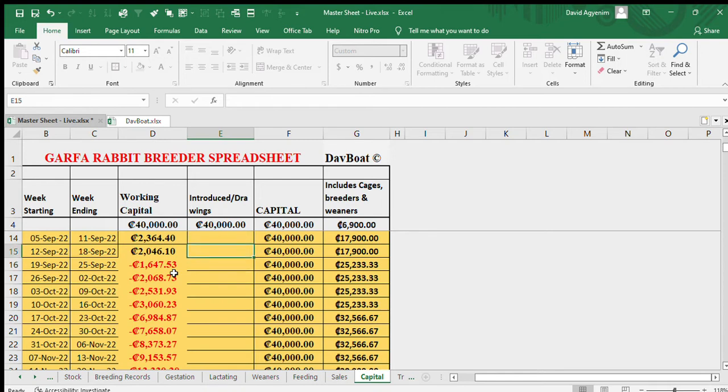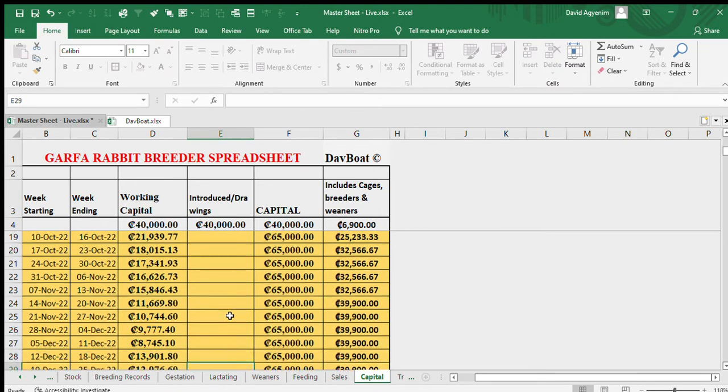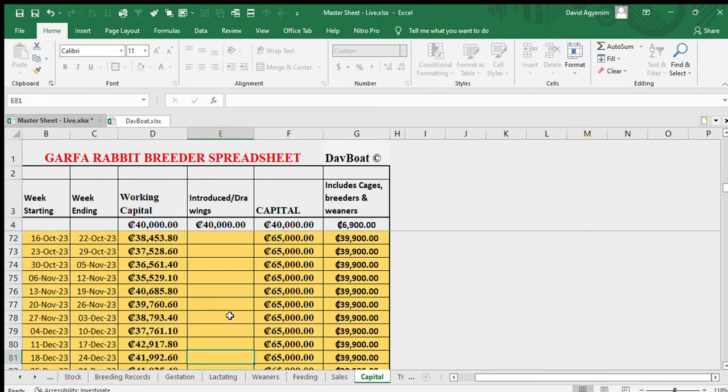So here it means you need to borrow at least 2,000. Then the following week you need to borrow again about 100. So you just have to find extra money around this date, like 25,000, which will make your capital 65,000, and then you'll be okay.